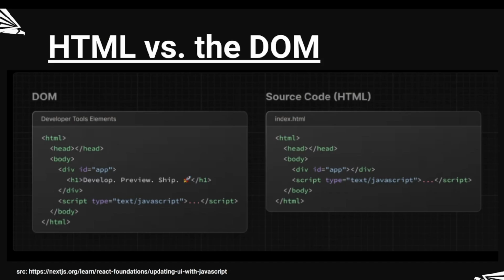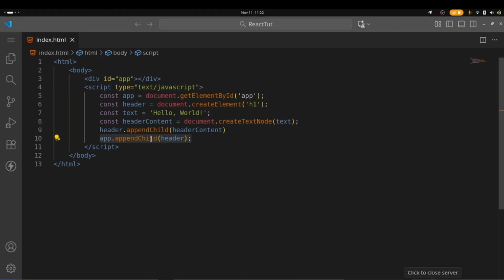So now this takes us to HTML versus DOM. If you look at the DOM element inside your browser developer tools, you will notice the DOM includes the H1 element. The DOM of the page is different from the source code, or in other words, the original HTML we created. So if you look at this HTML file here that we created, you just see an empty div with an ID.